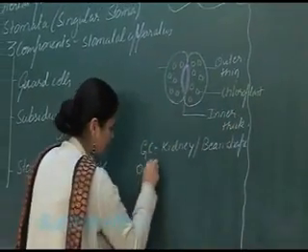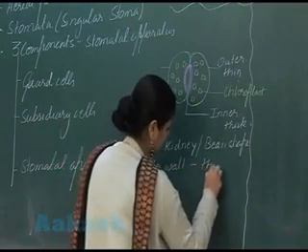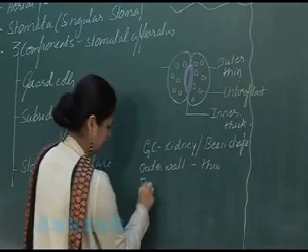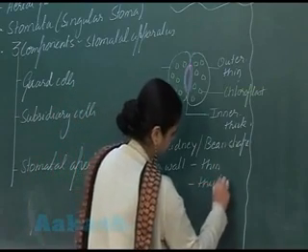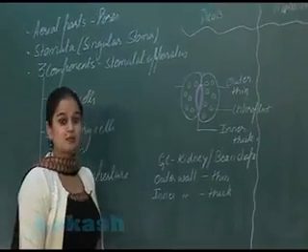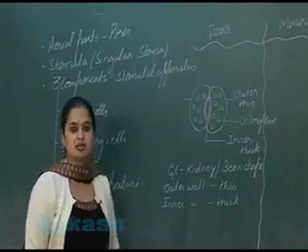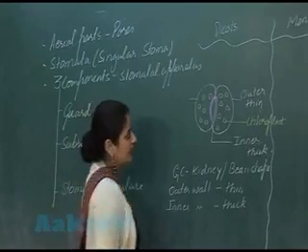So the outer wall of the guard cells is thin, but the inner wall of the guard cells is thick. Mind it, this inner wall is elastic in nature. It is flexible in nature.